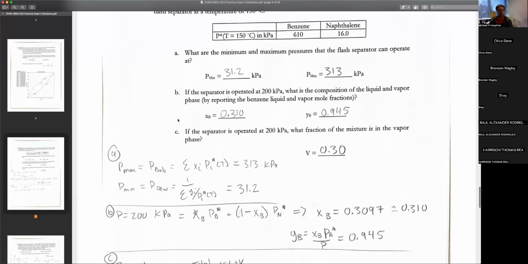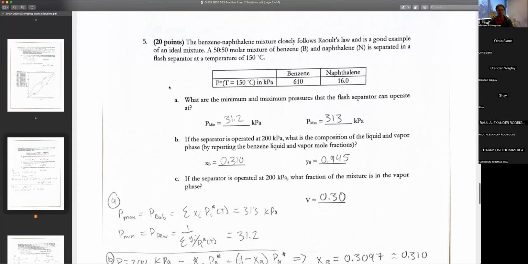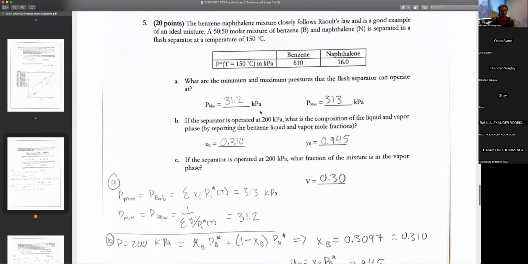So in this one, question 5, the vapor pressure is only going to be a function of the temperature, so those values are fixed for the whole phase diagram or the whole flash calculation. When we're determining the minimum and maximum pressures, they correspond to the bubble and the dew pressures.